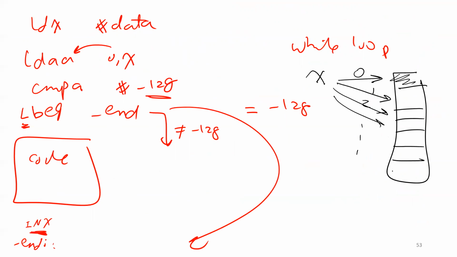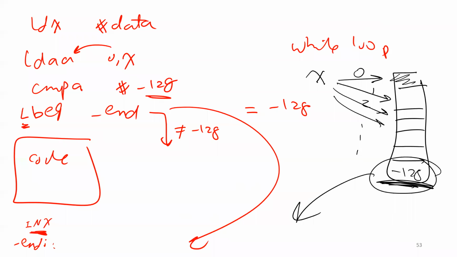In every iteration, I have to look for a delimiter, which is a special number. Once I find this special number, I'm going to leave. That means this is the end of the array, and I have to leave, right? That is why in every iteration I have to check. Once X is here, once I read the element, I have to check: are you the delimiter? Yes, leave. No, make iteration, and then move X to the next one and try again until you find the delimiter. Is that okay?